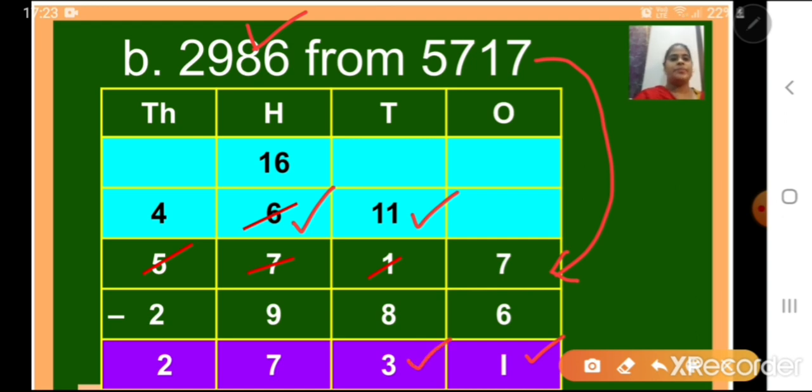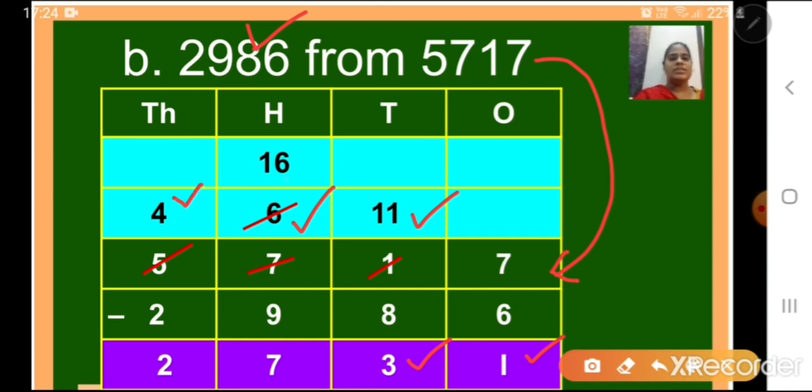That's right. In hundreds place we have 6. Okay? 6 minus 9 is possible? No, it is not possible. 6 is smaller than 9. So, 6 will borrow from 5, which is in thousands place. Okay? 5,000 will give 1,000. 5 minus 1 is 4.